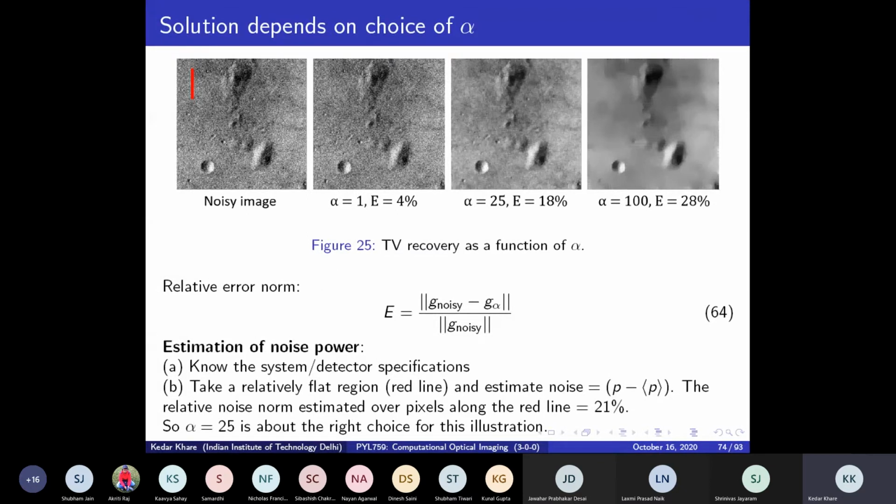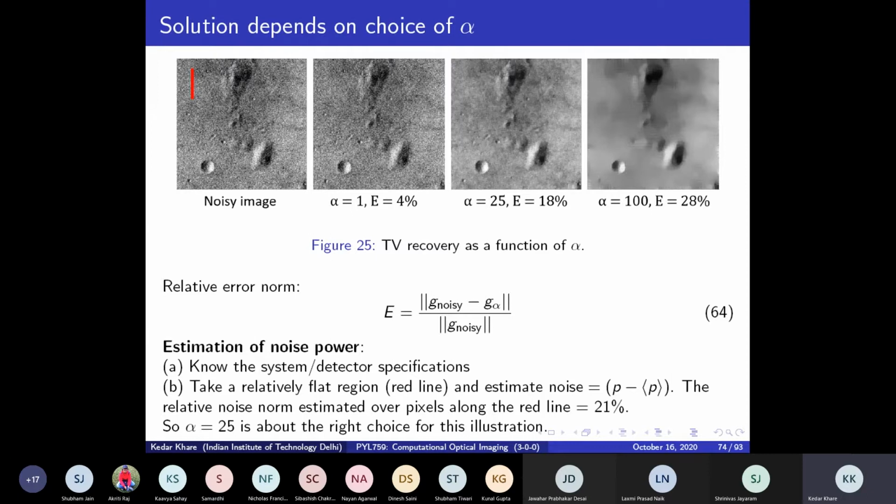But how do I choose what is the right alpha? First of all, you will have to know something a little more physically about the system to know what the noise is. The idea is that I'm going to select an alpha such that the error performance is about the same as whatever is my detector or system noise.